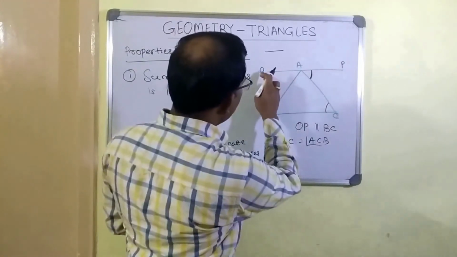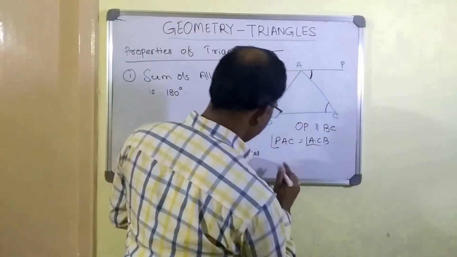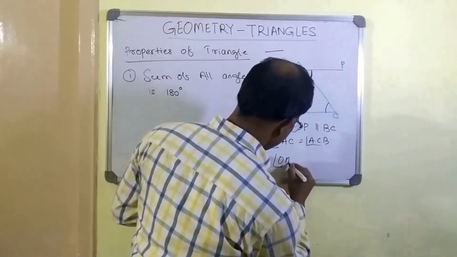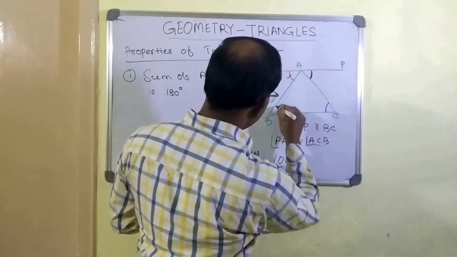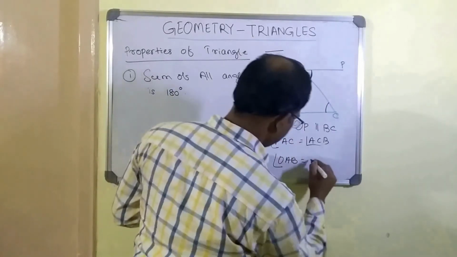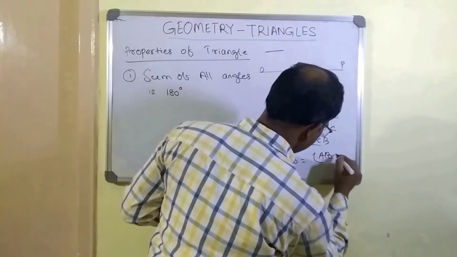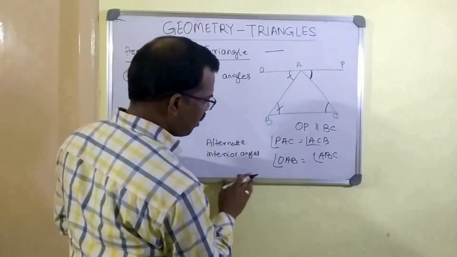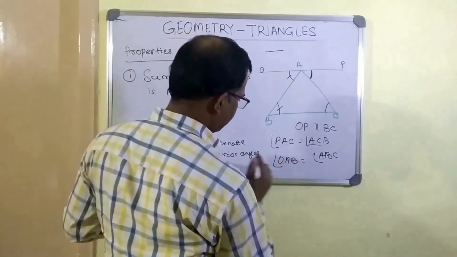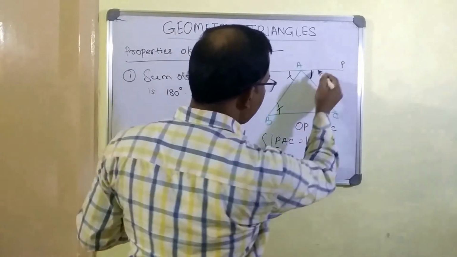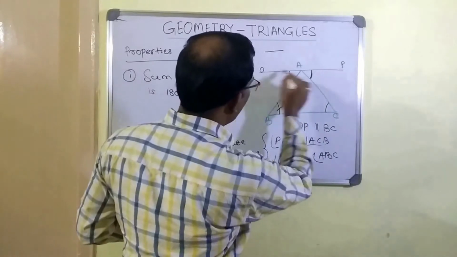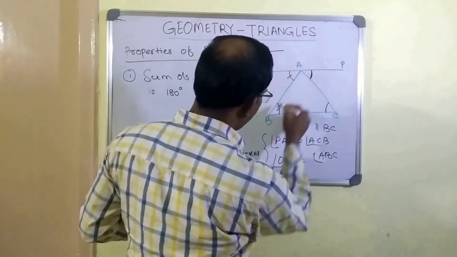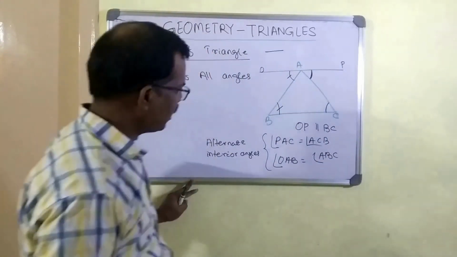Then I can also say that angle OAB will also be equal to angle ABC. The same principle we can apply for both these angles. So angle PAC becomes equal to angle ACB, and angle OAB will be equal to angle ABC, right?